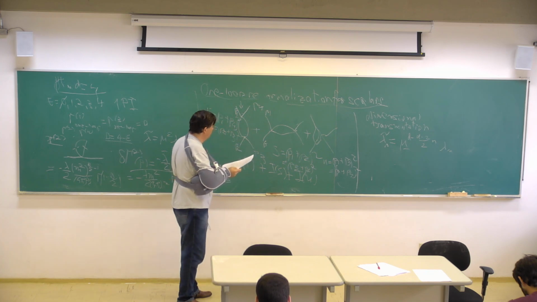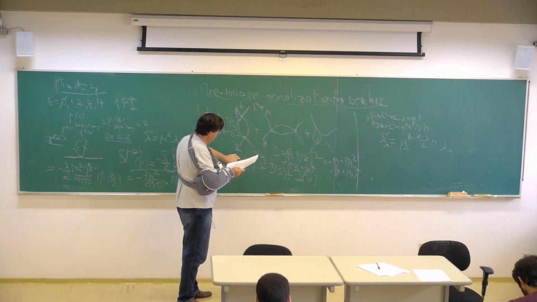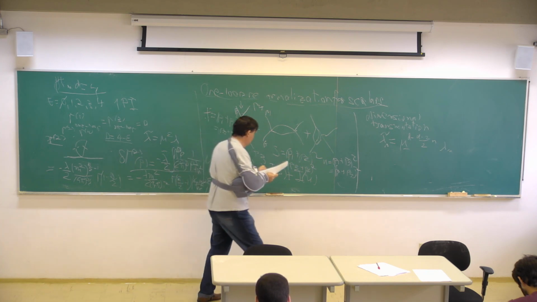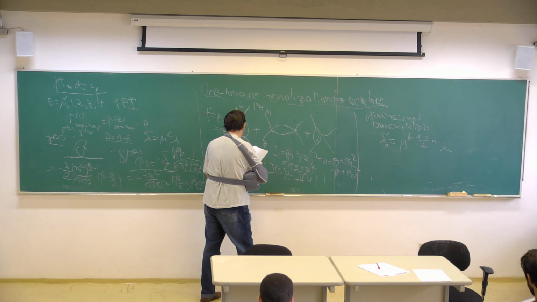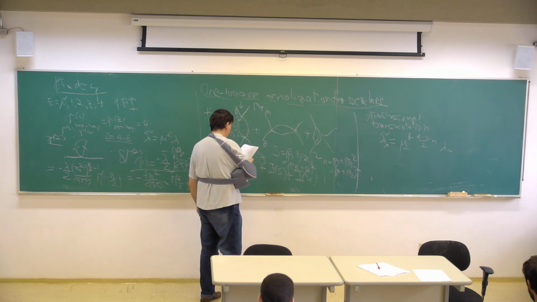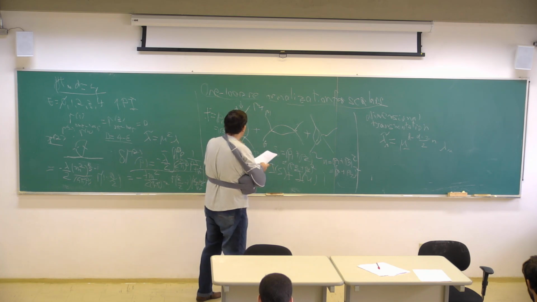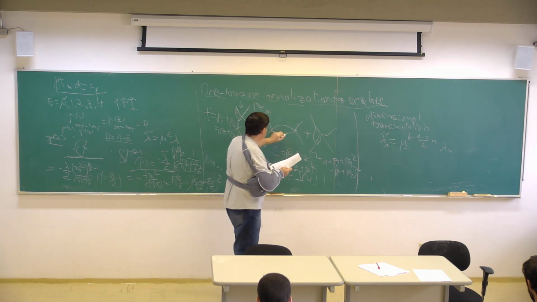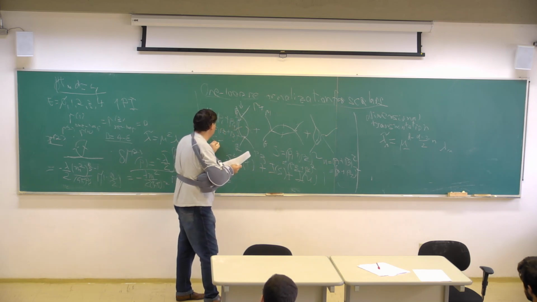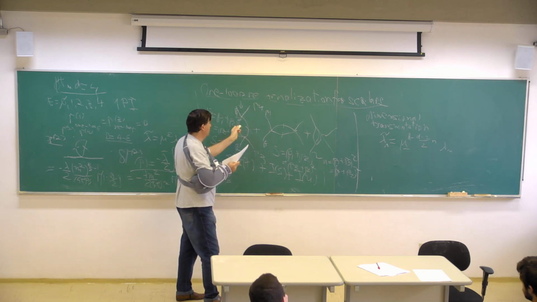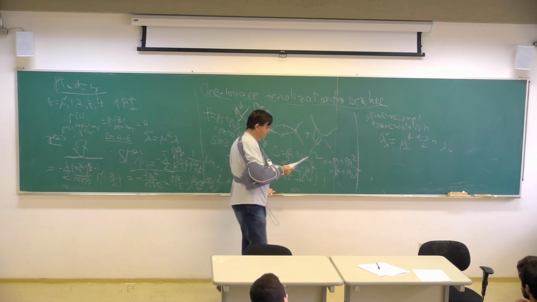If I define I as just the integral, I can also remember that this is lambda tilde squared over 2. Again, this has symmetry factor S equal to 2 because I can switch these two lines.